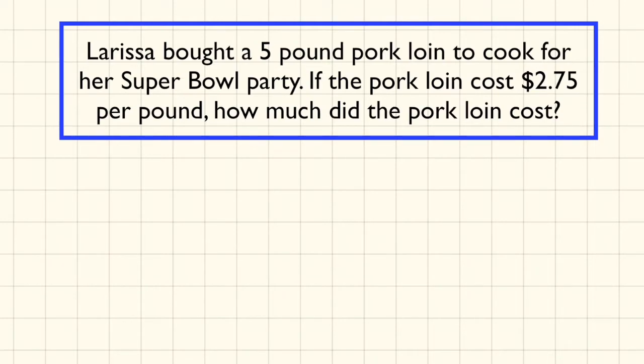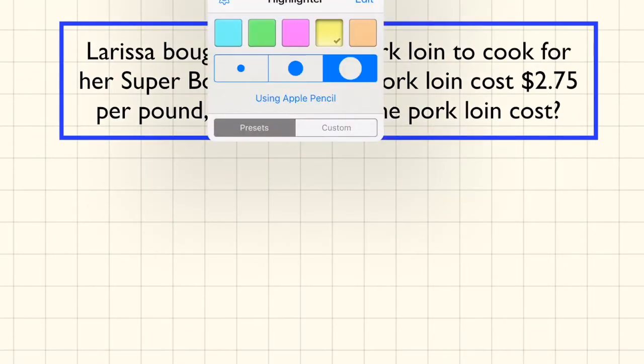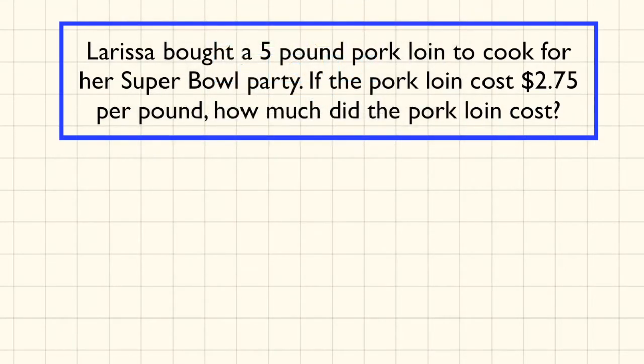But the beauty of multiplication that we've seen throughout the year is that I'm able to squeeze that massive operation of repeated addition into multiplication by simply multiplying it by the number of times I wanted to add it. So with this particular problem, we have this 5-pound pork loin that we know each pound costs $2.75.